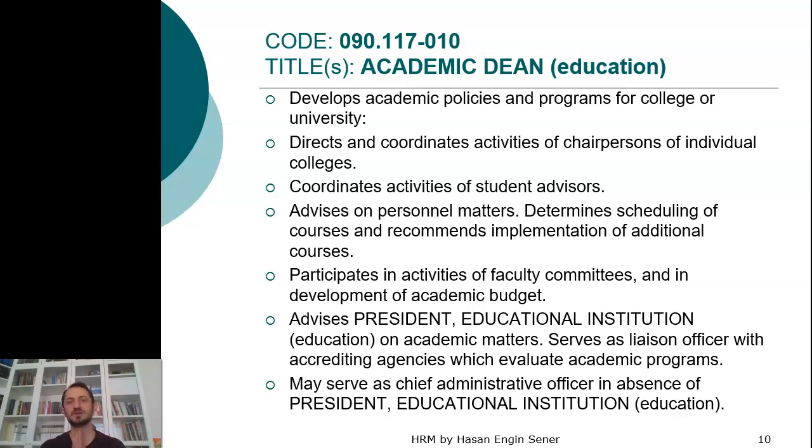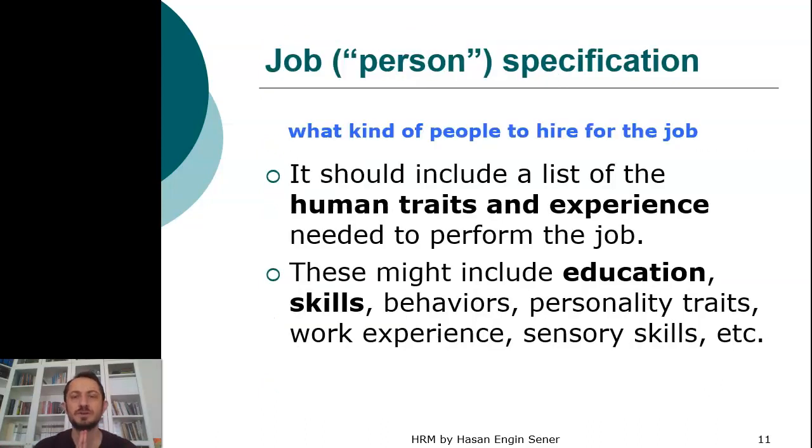She directs and coordinates activities of chairpersons of our departments. She, of course, coordinates activities of student advisors. What kind of a person are we looking for? We are looking for a knowledgeable person, talented person, and we are looking for specific personality traits.